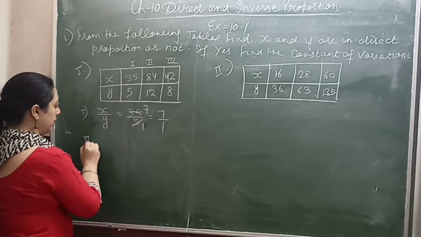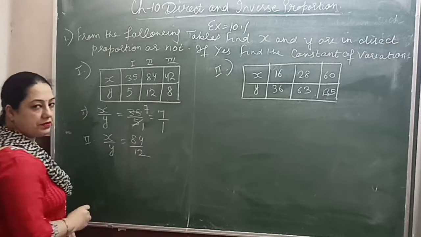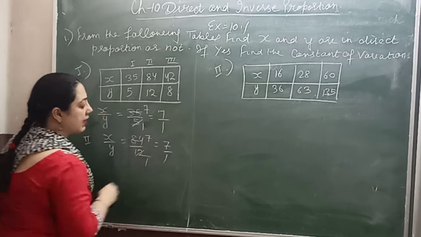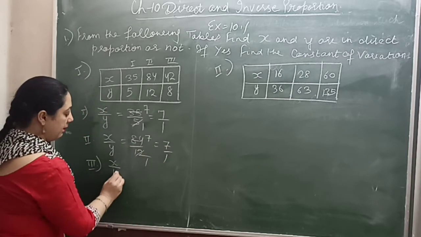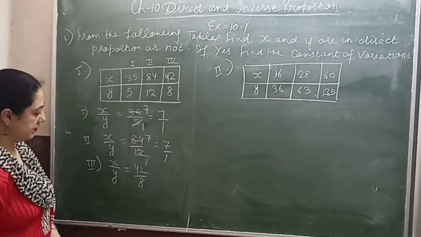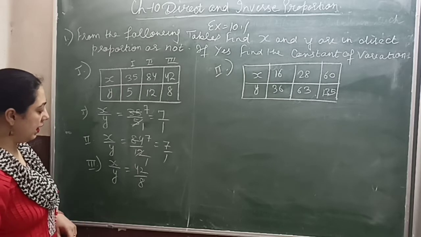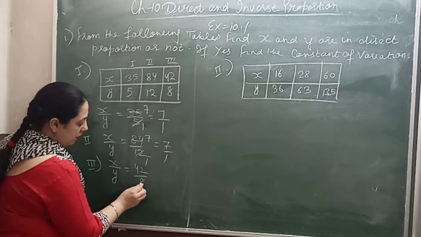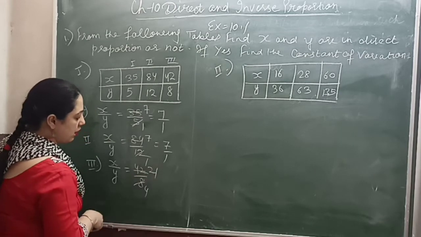In the second column, the ratio x over y is 84 over 12, and 12 ones are 12, 12 sevens are 84. It is again 7 over 1. But in the third column, x over y is 42 over 8. Now, when we convert it into the simplest ratio, we don't get the value 7. It goes in the table of 2: 2 fours are 8, 2 twenty-ones are 42.